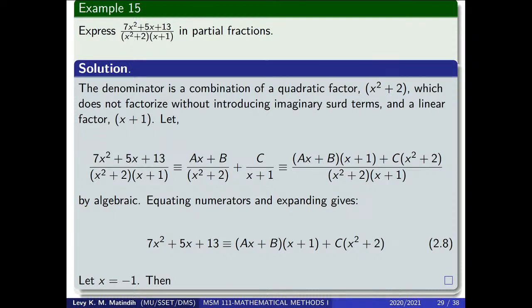So the next thing, this is the expression that we are given.